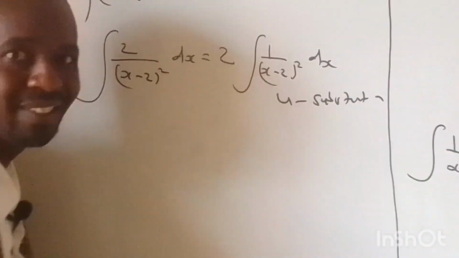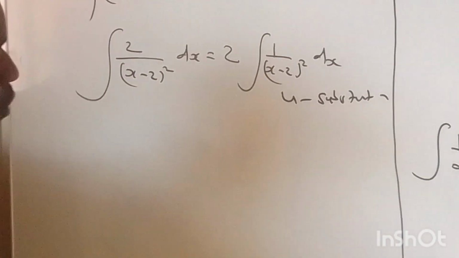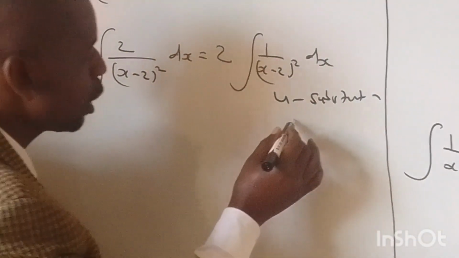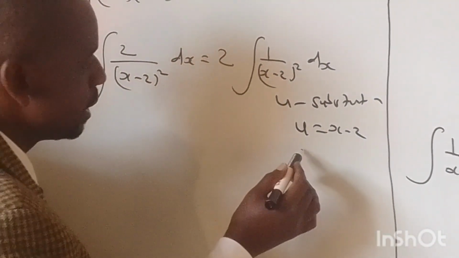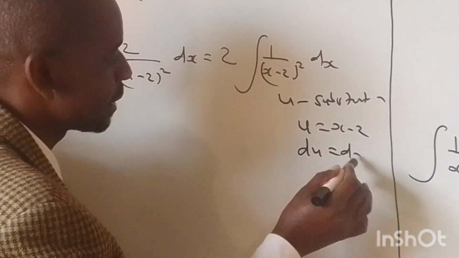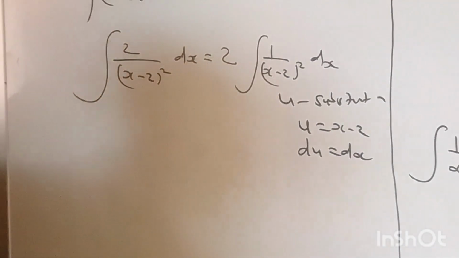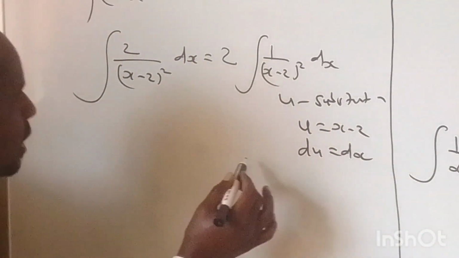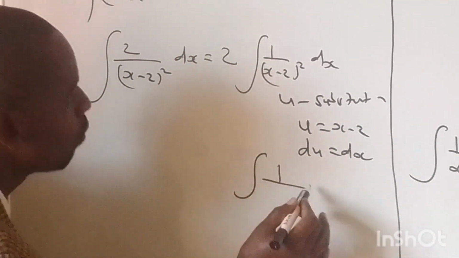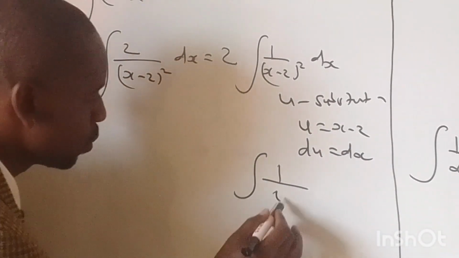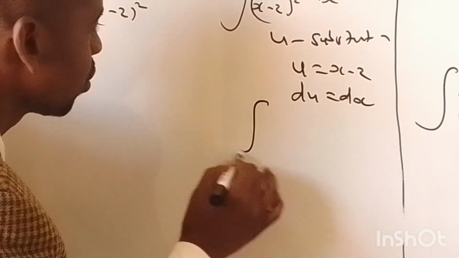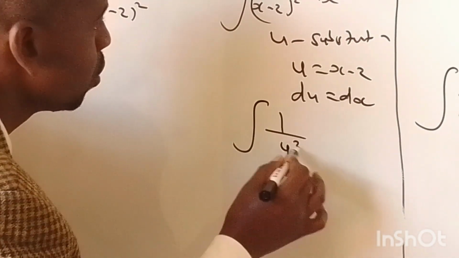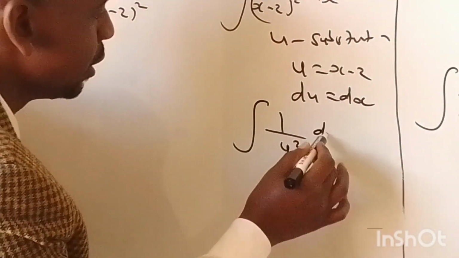Let u be x minus 2, then du is dx. So we have the integral of 1 over u squared du.